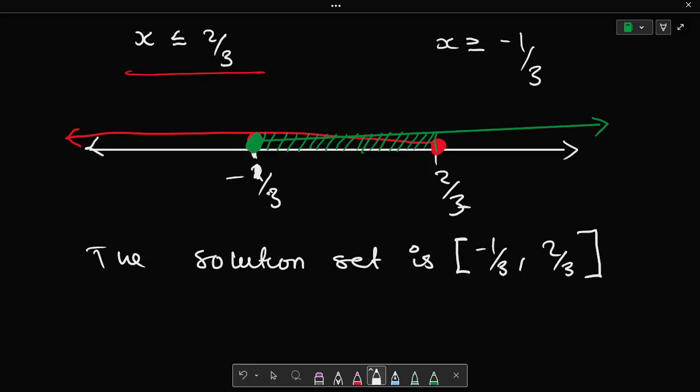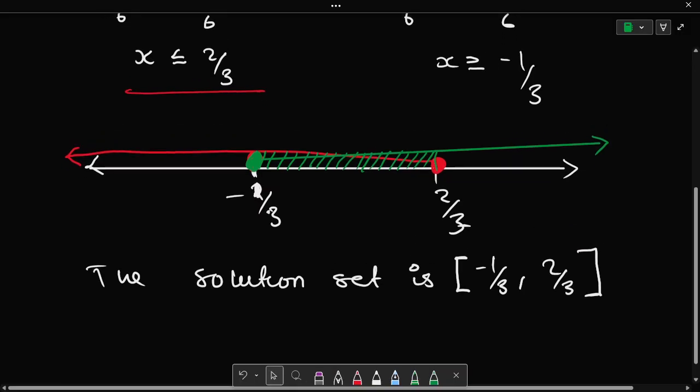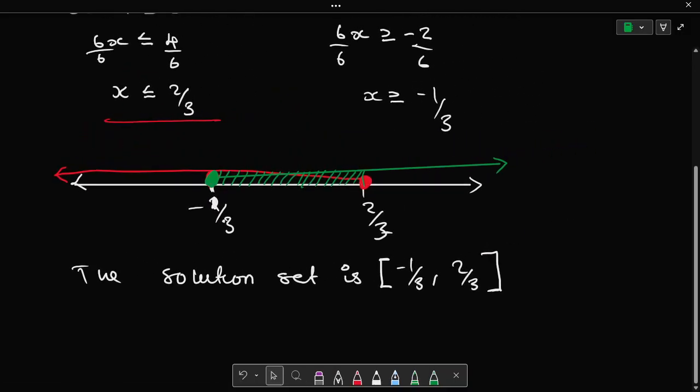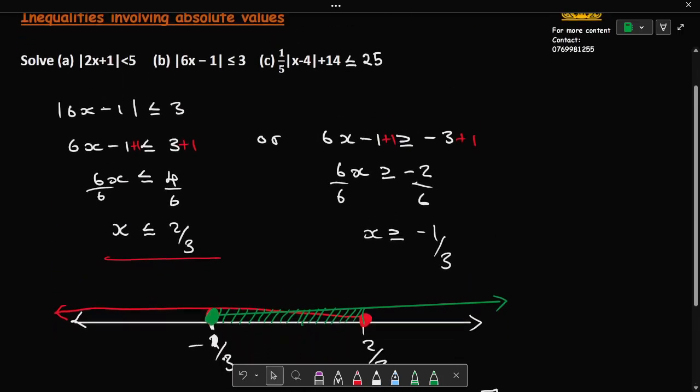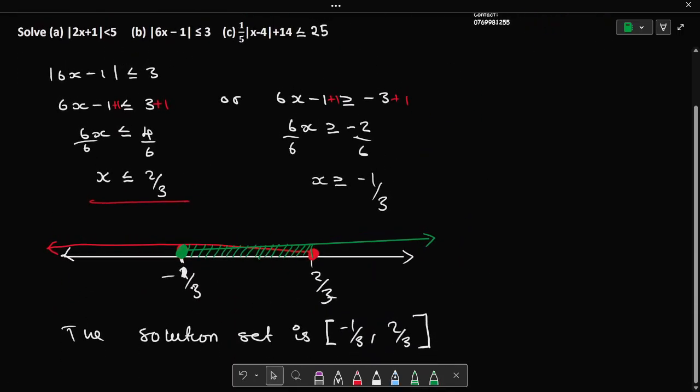That's why we are using these brackets instead of using parentheses. All right. The last one.